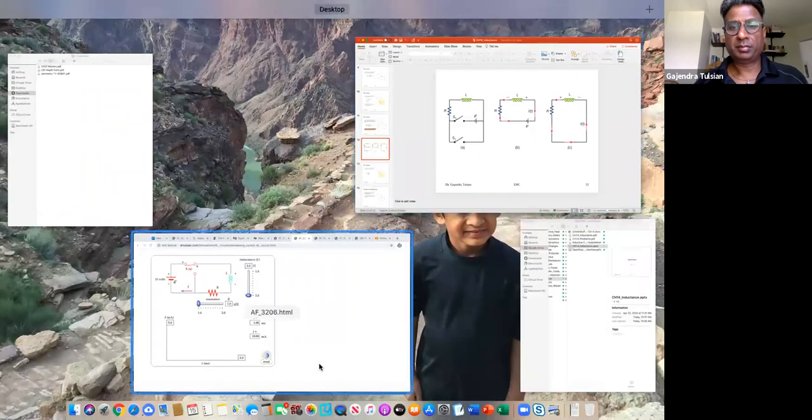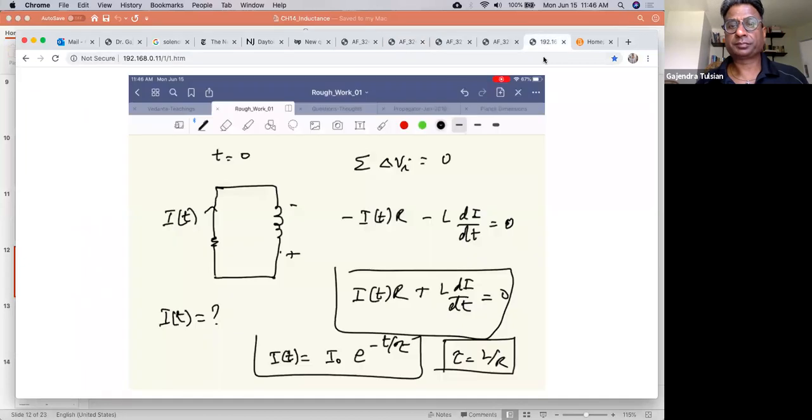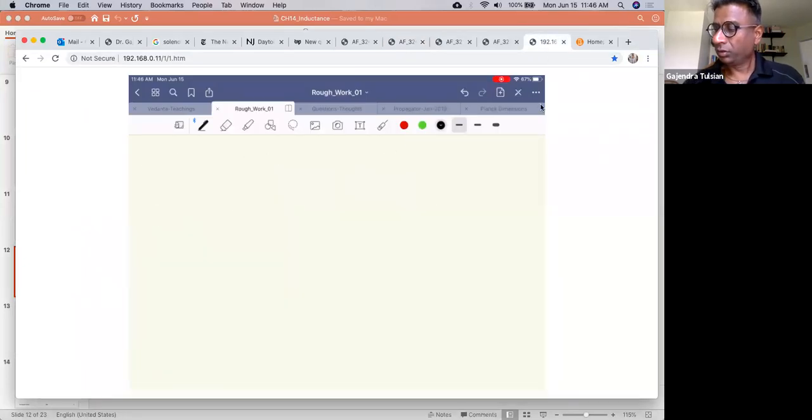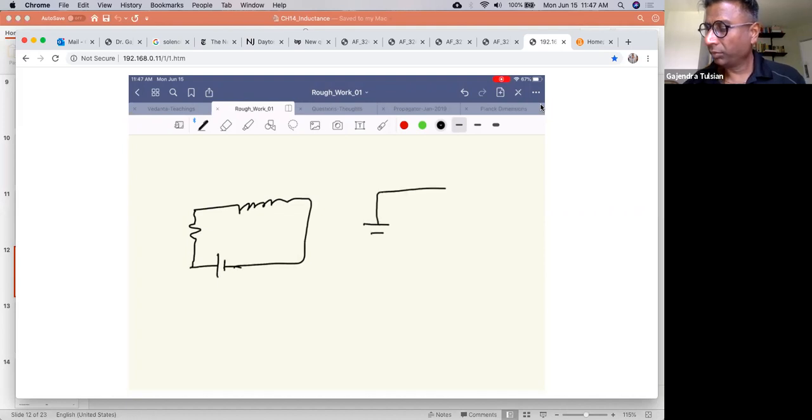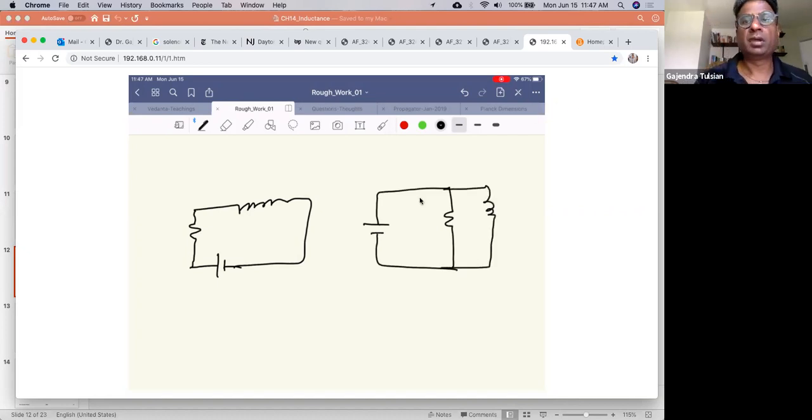Again, let me make sure we understand that. So what we have studied is a resistor and an inductor in series. Of course, you can connect them in parallel, but that'll cost you a little extra to study, so we're not going to do that.